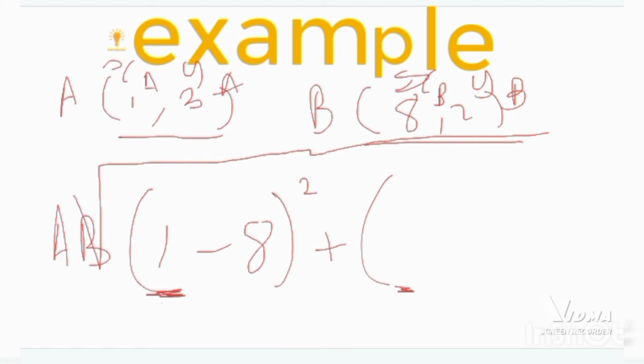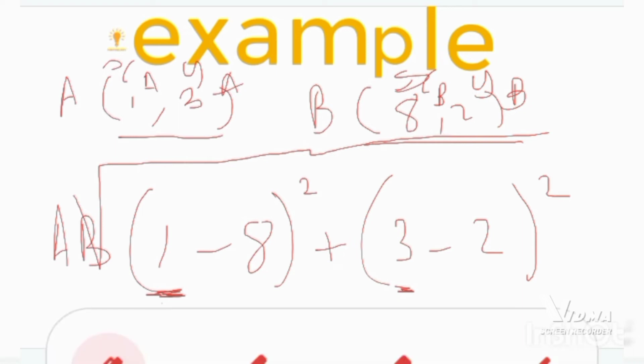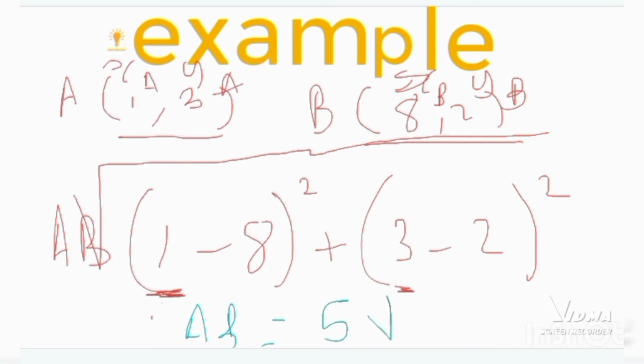It's 3, minus yb, which is 2, squared. From this point, you just punch everything on your calculator, and the answer will be d is equal to 5 root 2. So that's your answer.